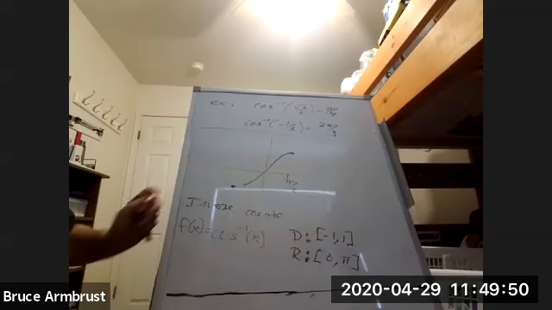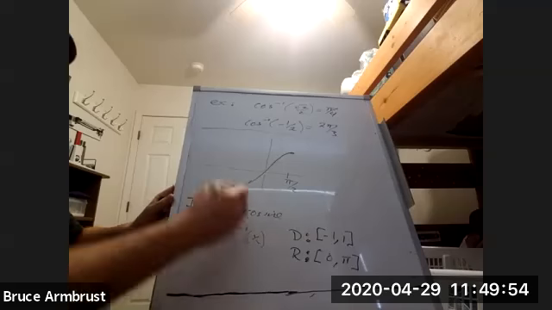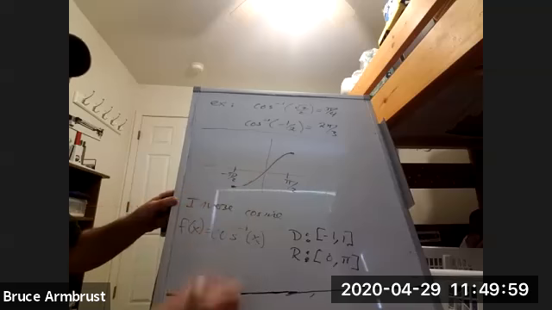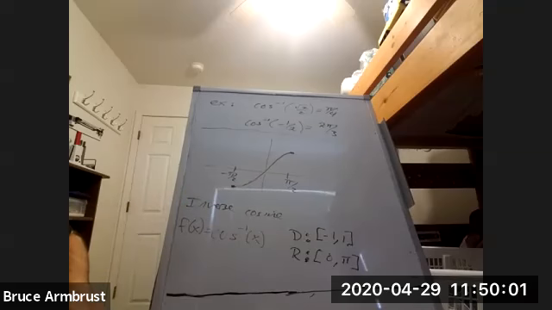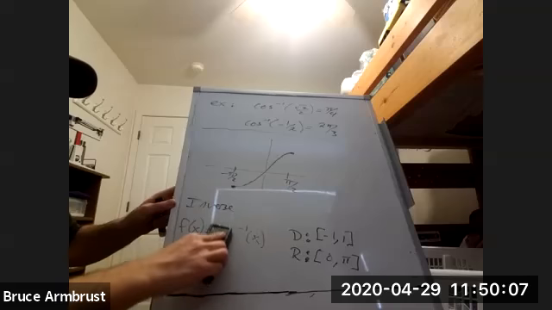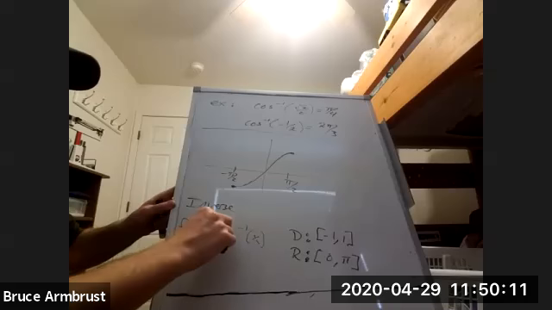Isn't it half pi? It is half pi. It's pi over 2. So then from the symmetry, we know that this would be minus pi over 2. So this one we have a different restriction, but it's the same idea.